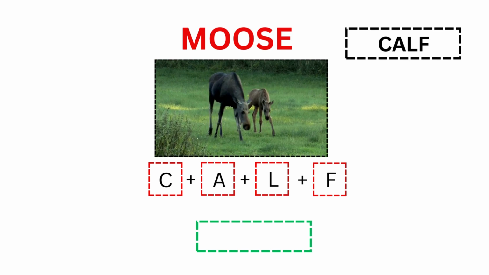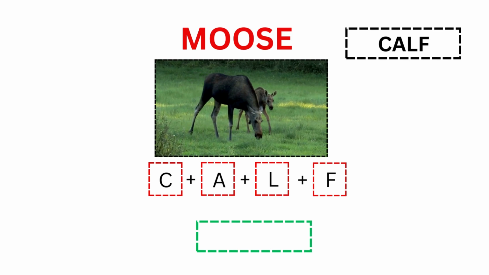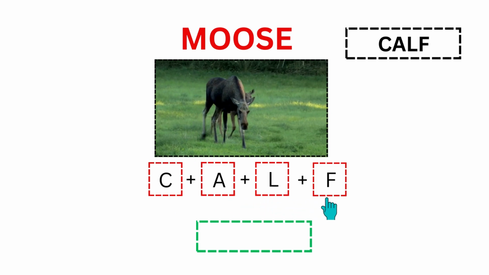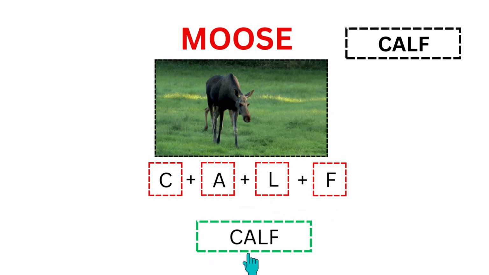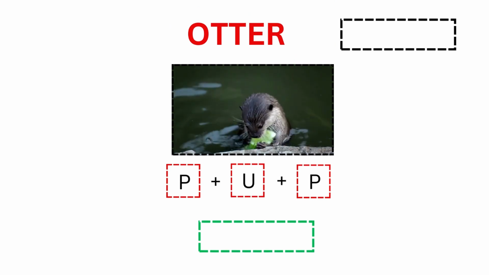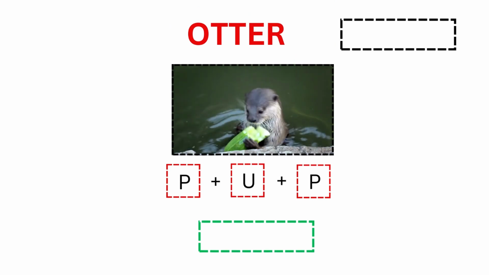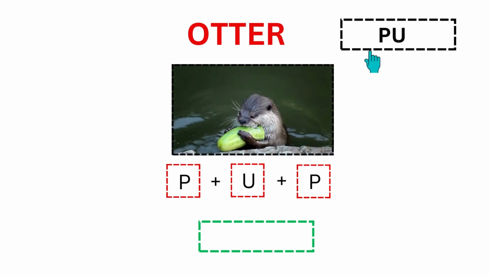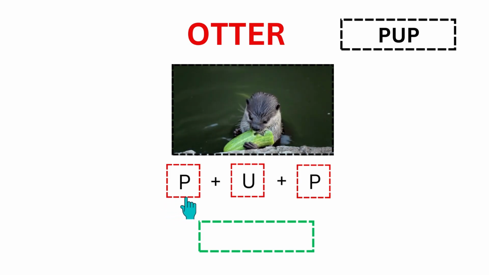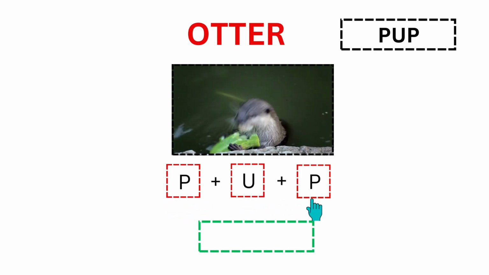Moose के बच्चे को calf कहा जाता है. C-A-L-F calf. Number 11 is otter. A baby otter is called a pup. Otter के बच्चे को pup कहा जाता है. P-U-P pup.